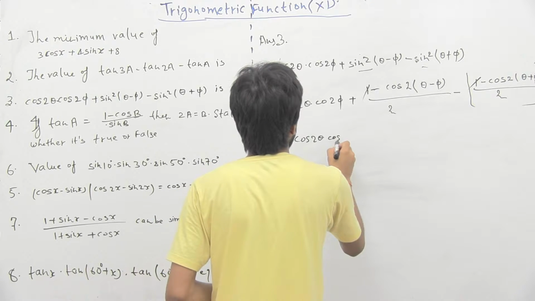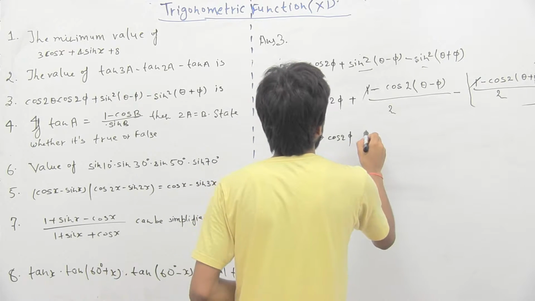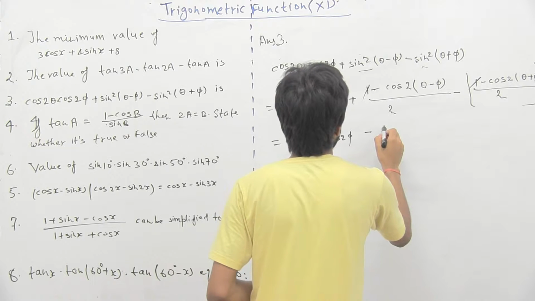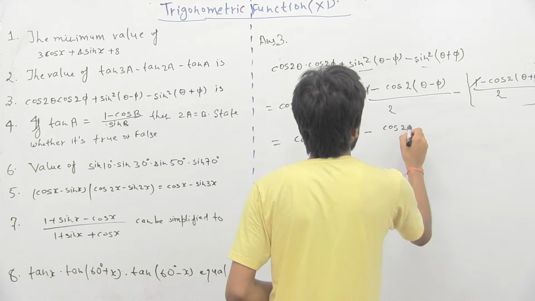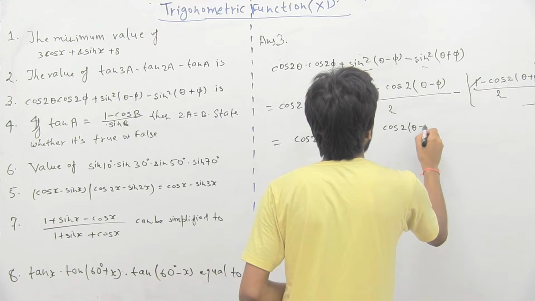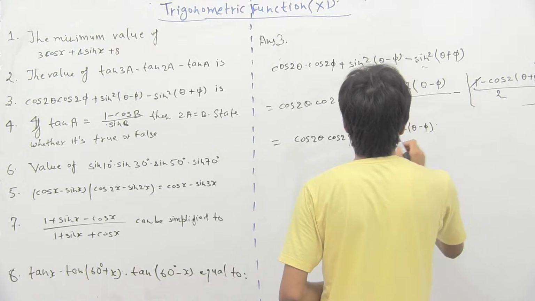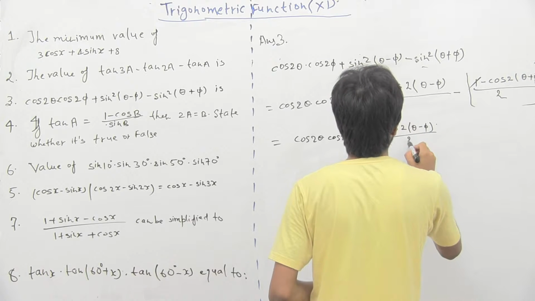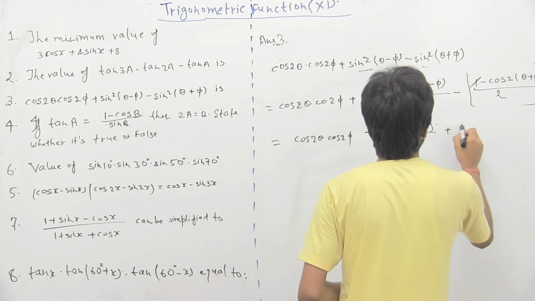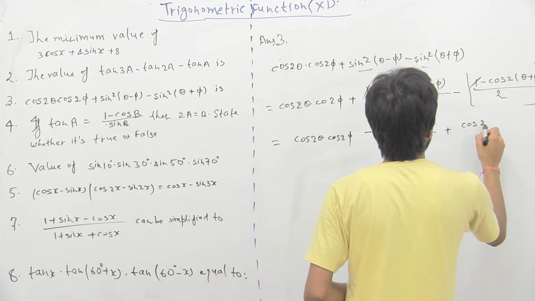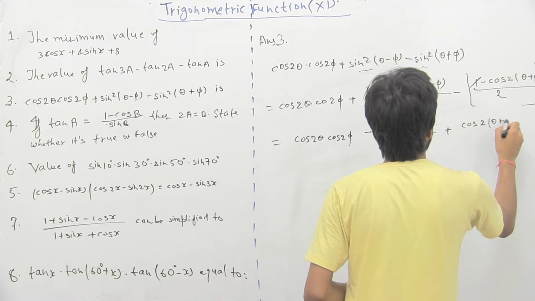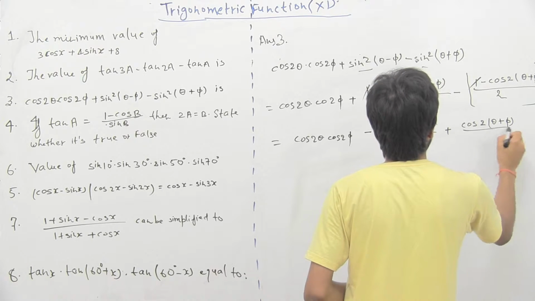Cos 2 theta cos 2 phi minus cos 2 theta minus phi divided by 2 plus cos 2 theta plus phi divided by 2.